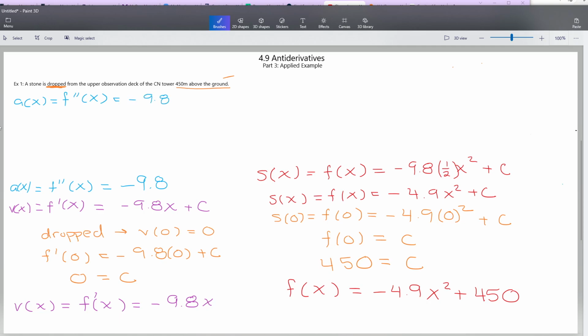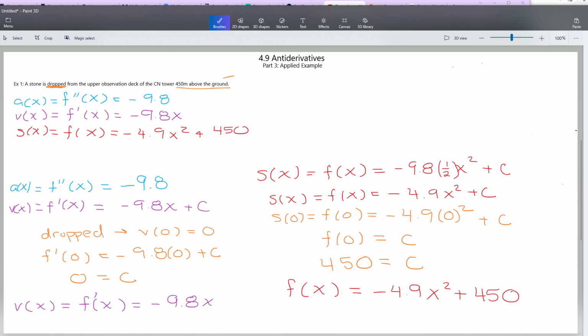We have the velocity function, which is the first derivative, being minus 9.8x. And we have the position function, which is the original function, being minus 4.9x squared plus 450.